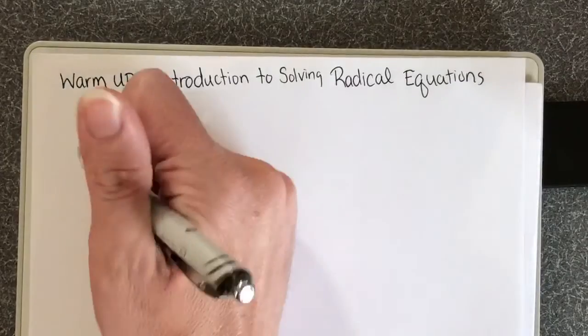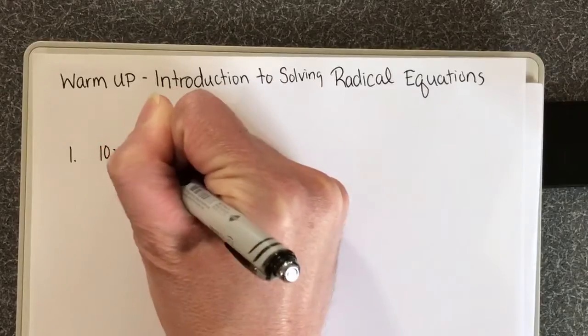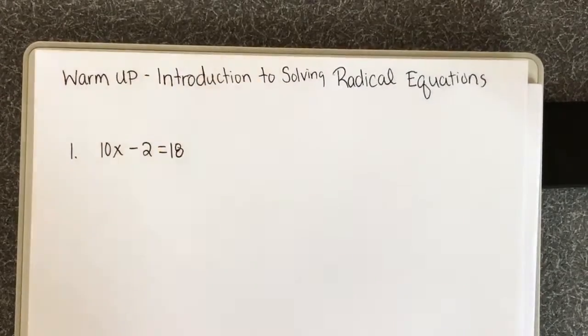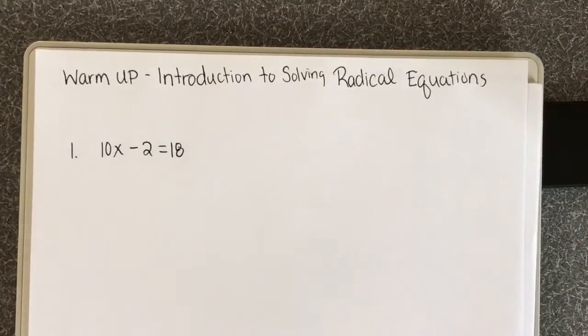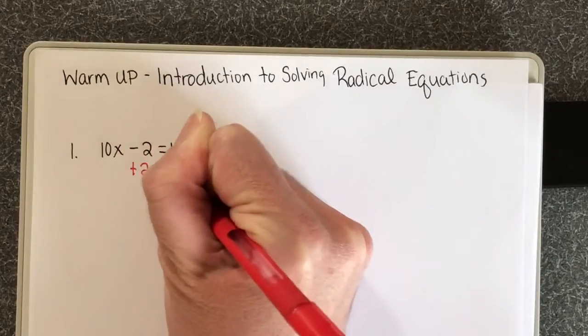So the first question I asked you to answer, you had 10x minus 2 is equal to 18. Well, you should know at this point to solve any equation, you always want to undo the operation. So we have 10x minus 2 equals 18. So we're going to add the 2 to the 18.